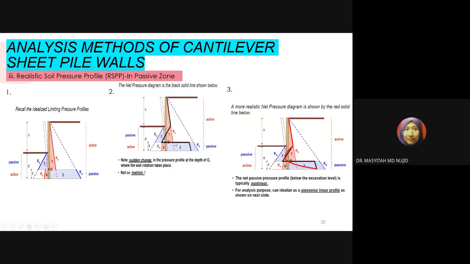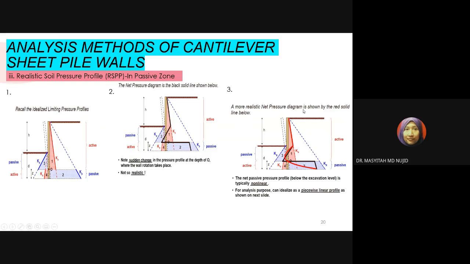We connect it and then we close it at the back of the wall. So it covers both, but when you look closely, the solid black line is not so realistic to represent the soil pressure.